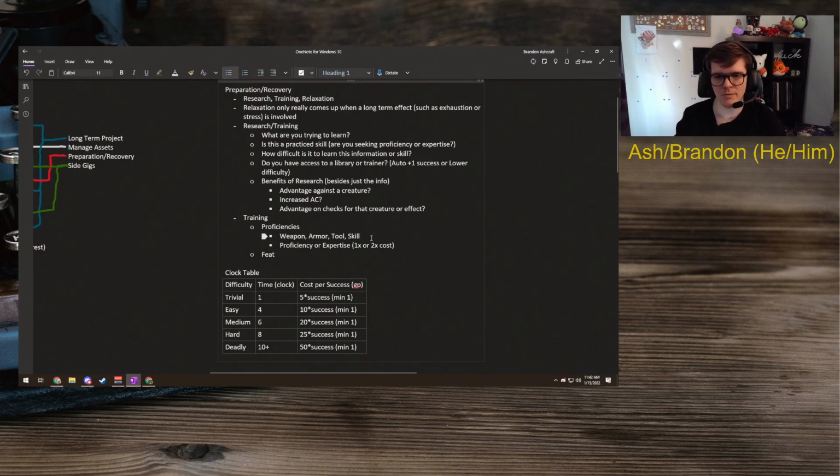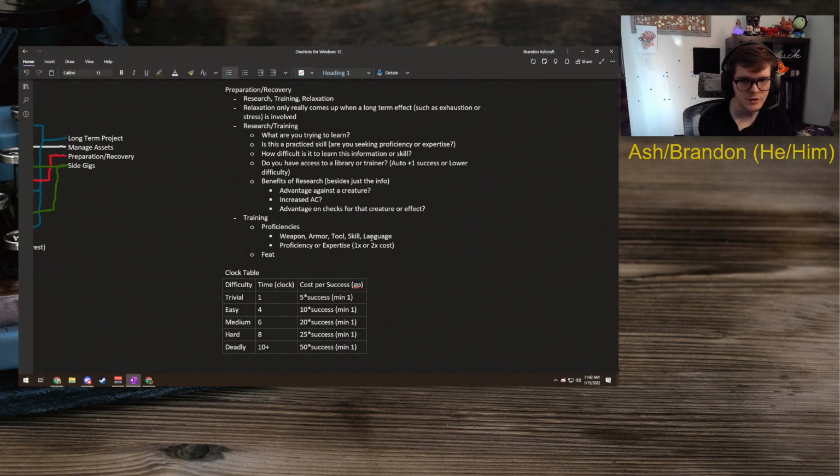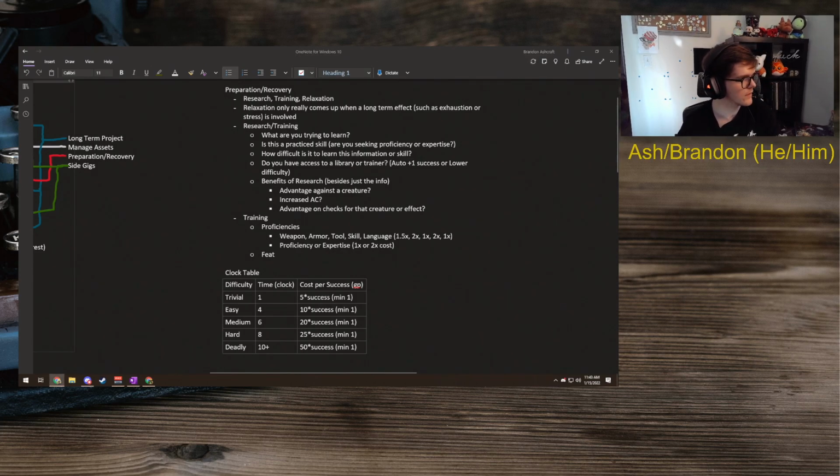And then weapon, armor, tool, skill, or language. I think I made these 1.5x, 2x, 1x, 1x, or no, 2x, 1x. And that's based off what's in Xanathar's, because I think in Xanathar's you can only learn language or tools.